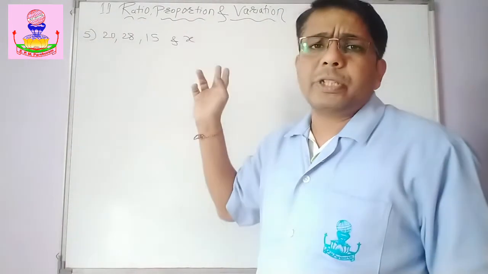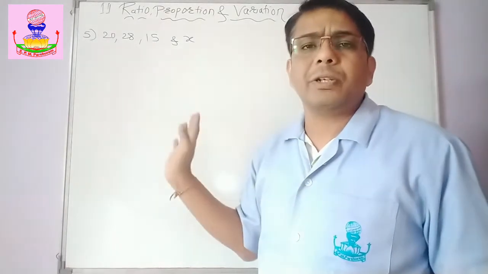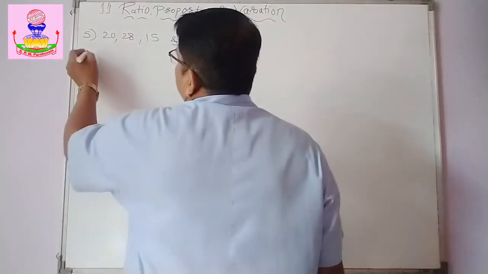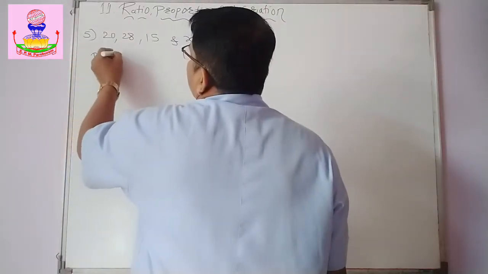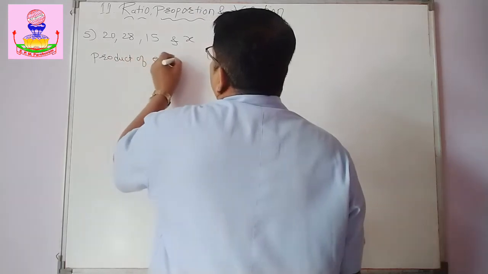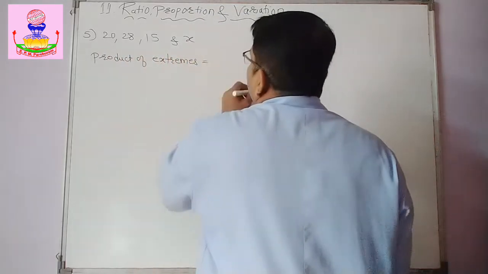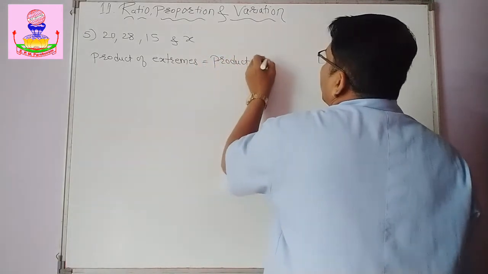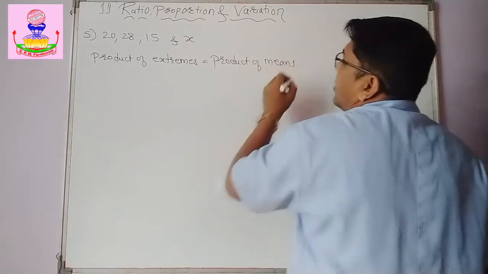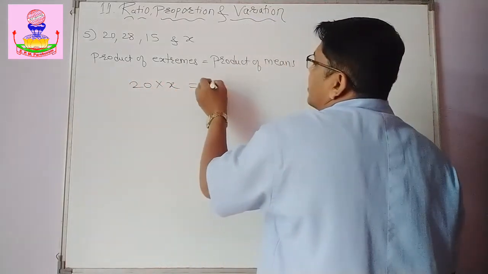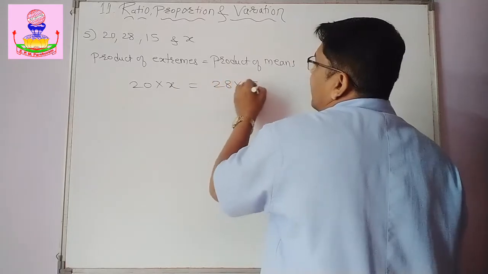Now we know again, if they are in proportion, then the product of the means has to be equal to the product of the extremes. Okay. So product of extremes is equivalent to product of means. Product of extremes 20 into x, product of means 28 into 15.